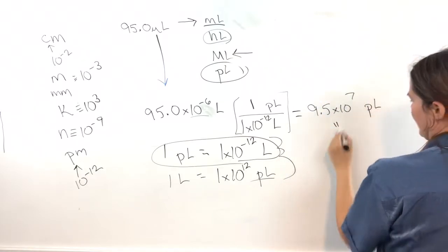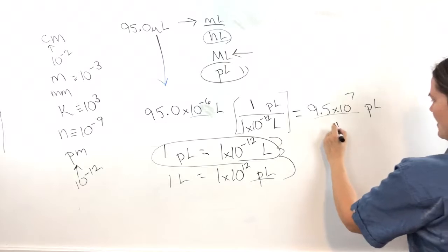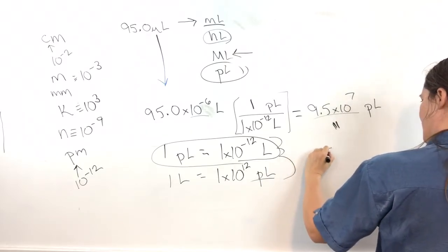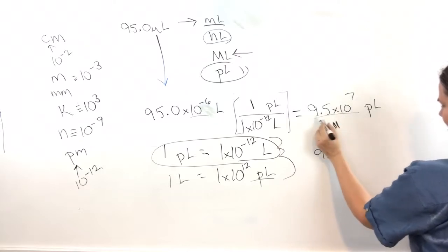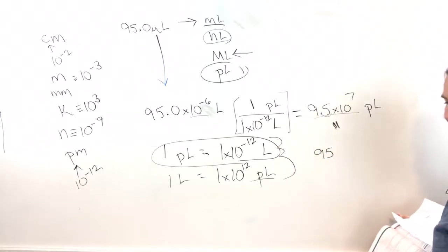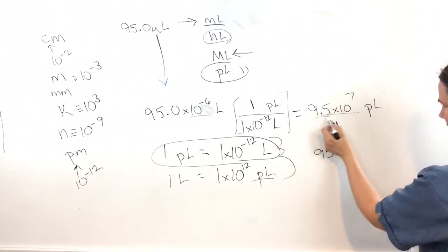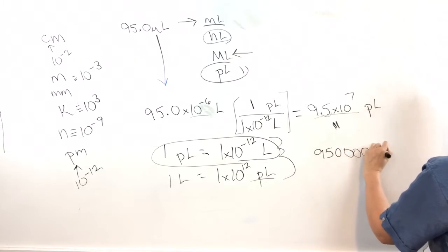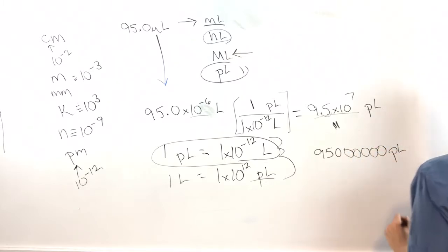picoliters. And this is in scientific notation. If I wrote this in regular notation, it would be 95 with 6 zeros, because I'm moving the decimal point over 1, and then I still have 10 to the 6 after I move this over 1, so 1, 2, 3, 4, 5, 6 picoliters.